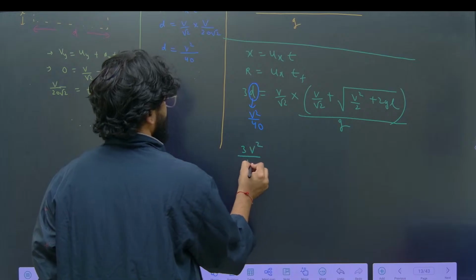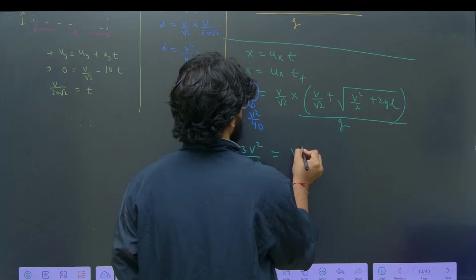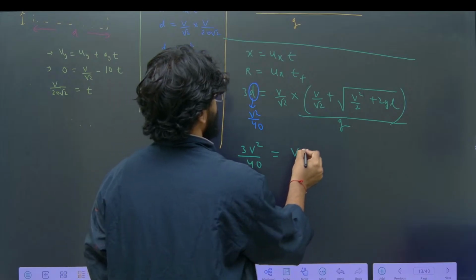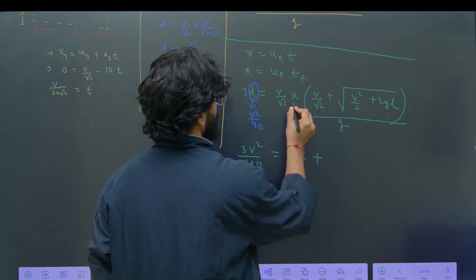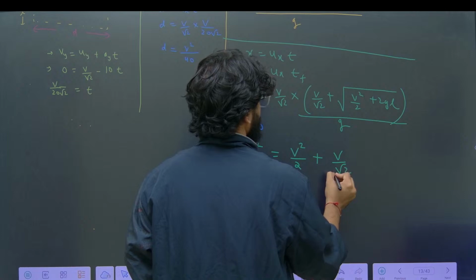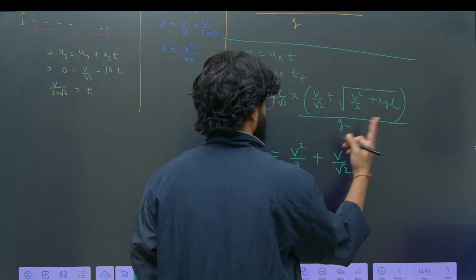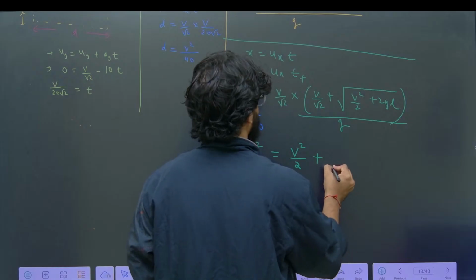3v square upon 40 will be v square upon 2 plus v root 2, if I can take it inside.